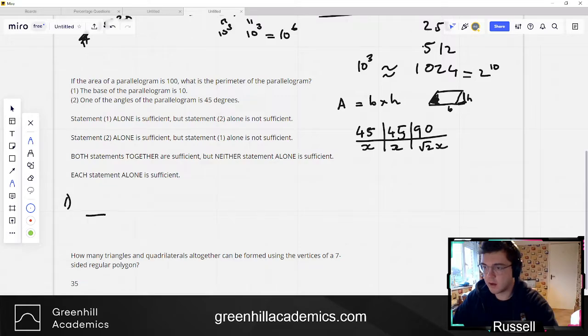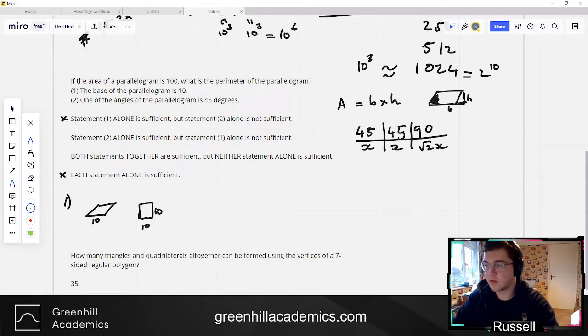So any parallelogram with base and height of 10 would satisfy this equation. So we could either draw a square or a parallelogram like this, and these would both satisfy this. So statement 1 is not sufficient.